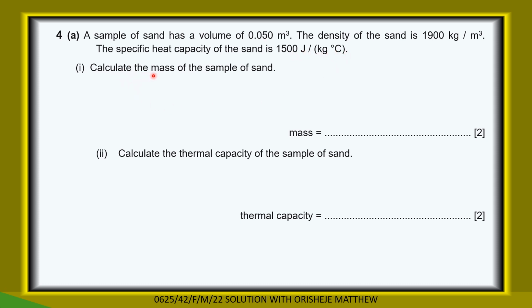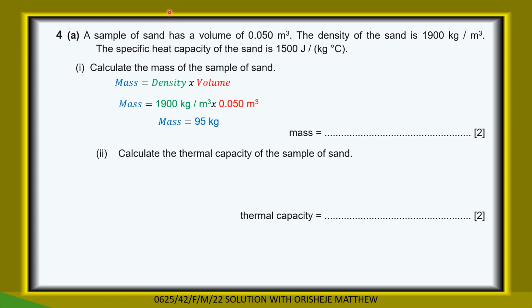Calculate the mass of the sample of sand. So for us to be able to do this, you remember that the mass is equal to density multiplied by volume. So we have 1900 multiplied by 0.050 meter cube, and that gives us 95 kg. So the mass of sand is 95 kg.